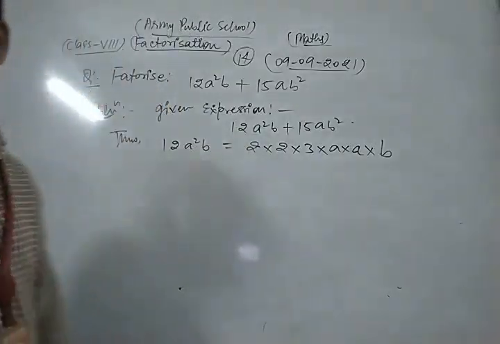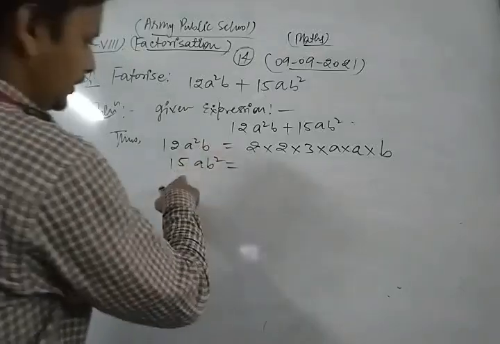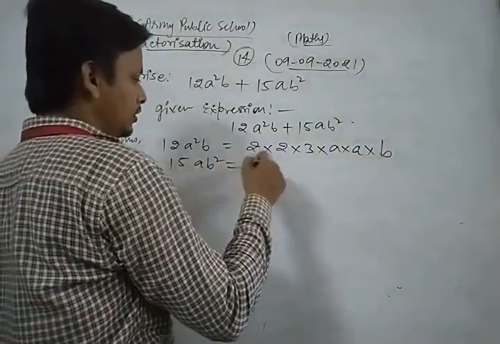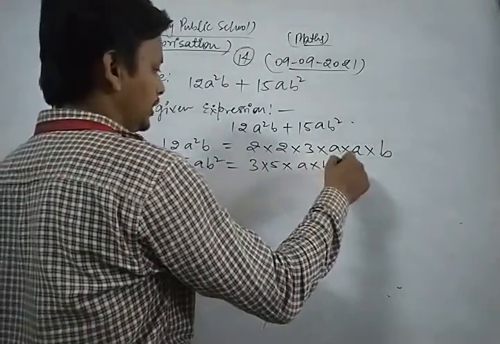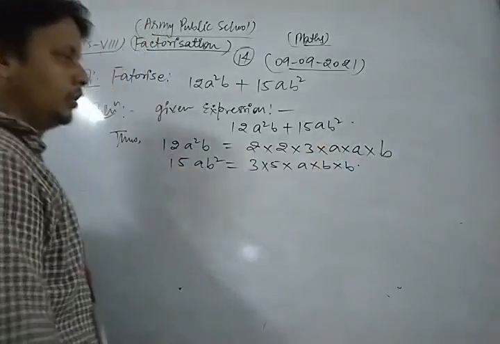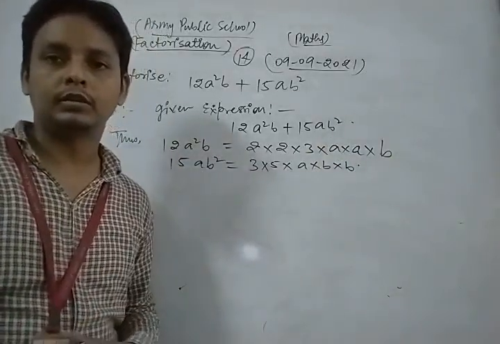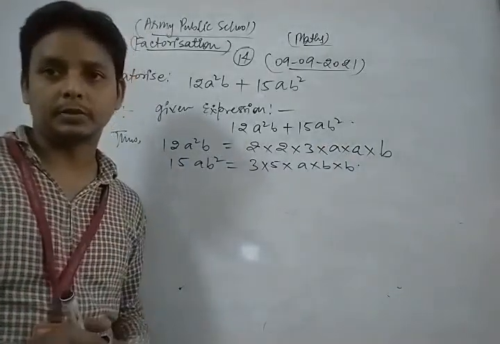Similarly, here we take 15 ab square and we do the prime factorization of the constant term. So we can write 3 into 5 into a into b into b. So in this way, first of all, we find the factors of each term of the given algebraic expression.